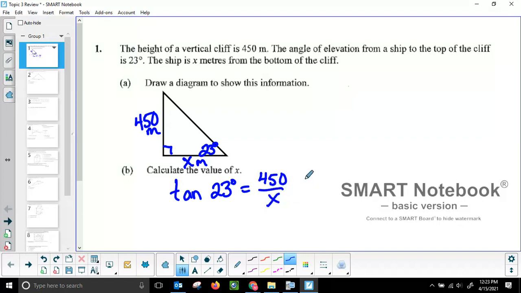Of course, from here you would have to multiply both sides by x to get it out of the denominator, and then divide both sides by the tangent of 23. So x is equal to 450 divided by the tangent of 23 degrees.